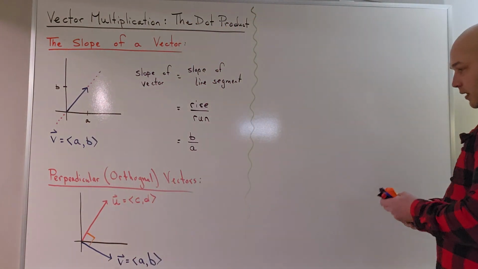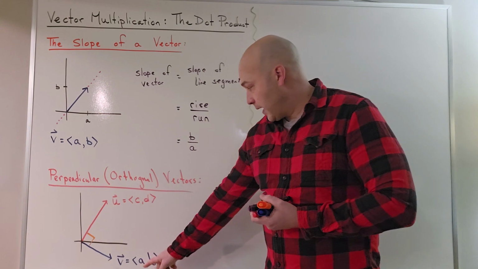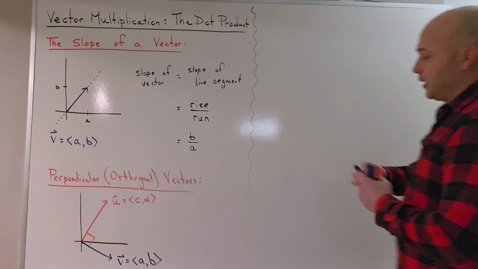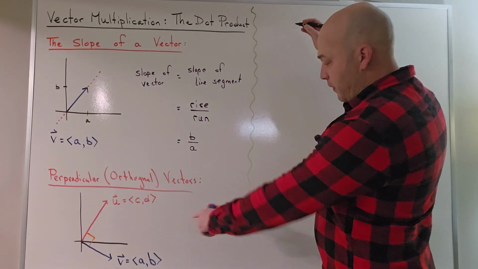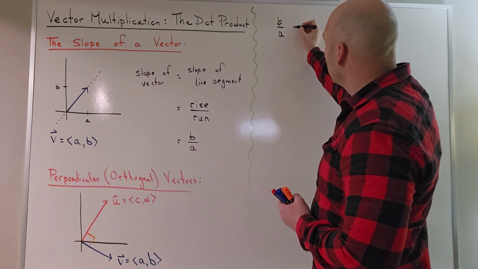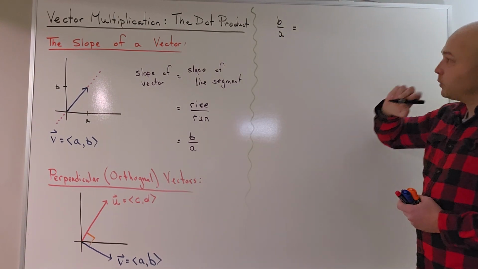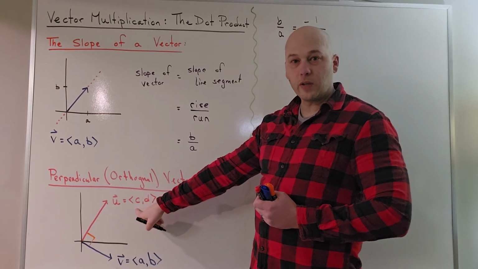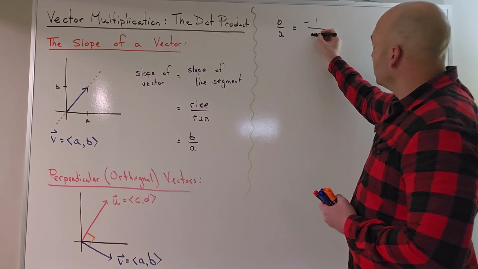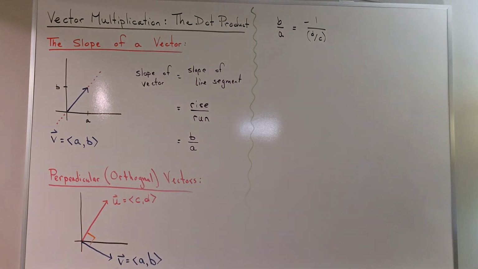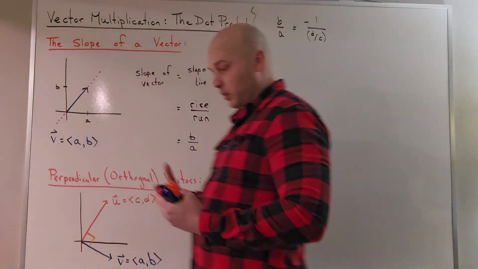What that means is I can find a relationship between A, B, C, and D. I know that the slope of v, say, is B over A, and this is going to be equal to the negative reciprocal of the slope of this one, meaning -1 over D over C. Okay, so that's just a basic property of perpendicular lines. They have negative reciprocal slopes.